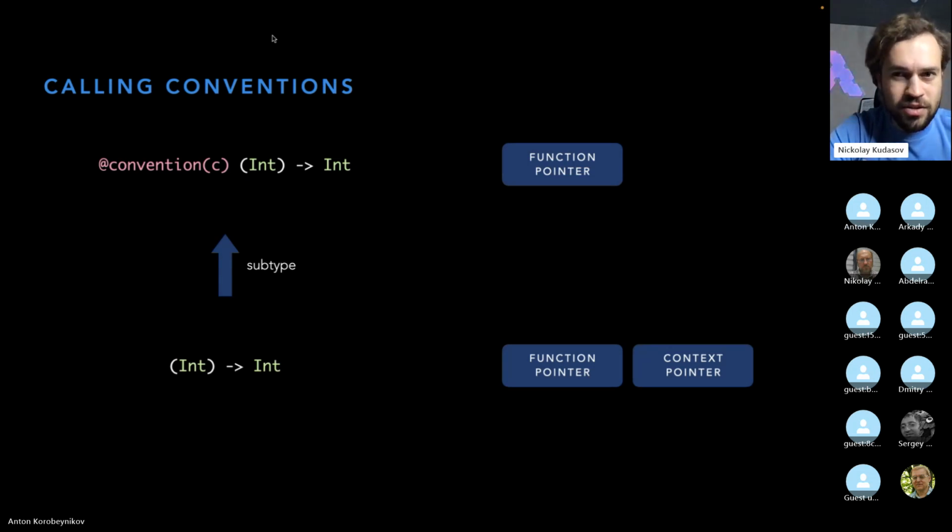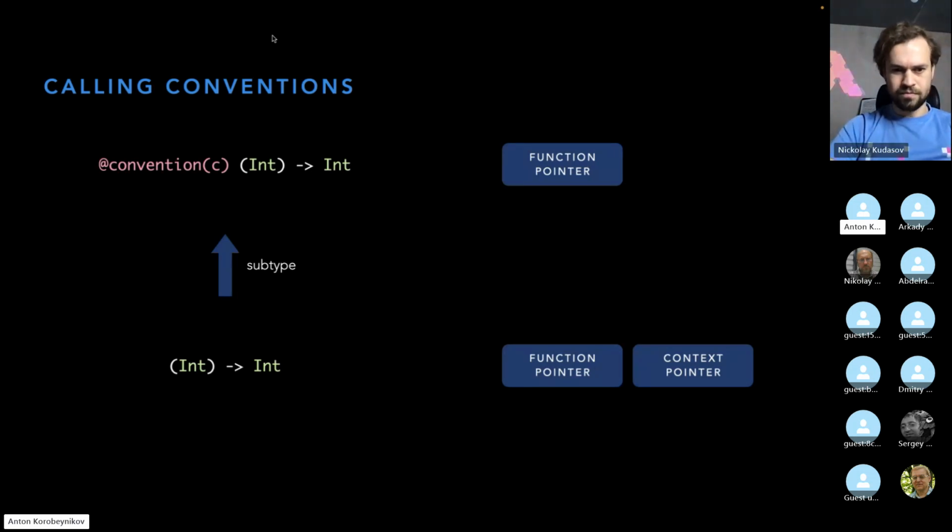If we have a C function, we can always use it as a Swift function, right? Yep. Whenever we expect a Swift function, we can pass a C function or a Swift function. So it's the other way around, probably. Yeah, you're right, somehow the arrow got flipped. Certainly convention C is a subtype of native Swift functions. You're right. Thank you. Sorry.